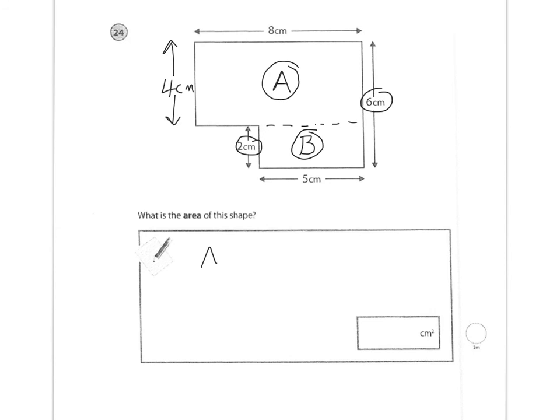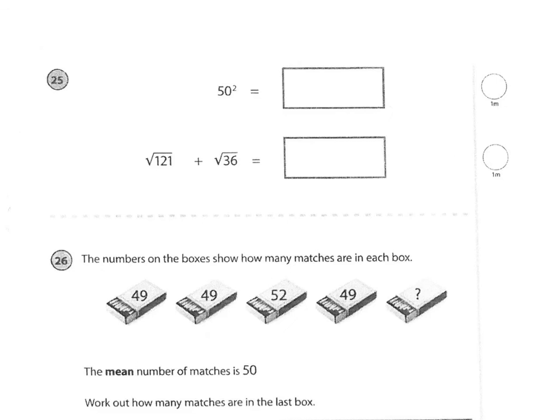So now rectangle A would be 4 times 8, which is 32. Rectangle B would be 5 times 2, which is 10, giving me a grand total of 42 centimeters squared.